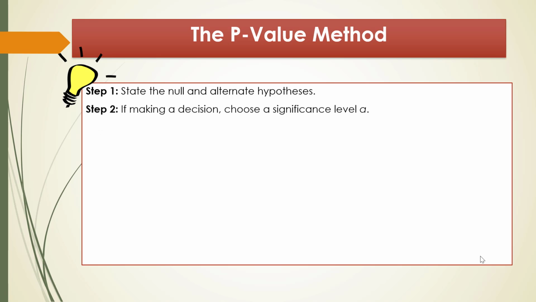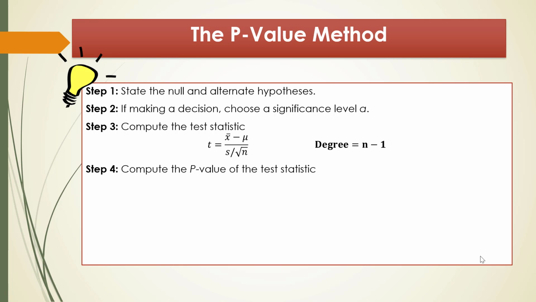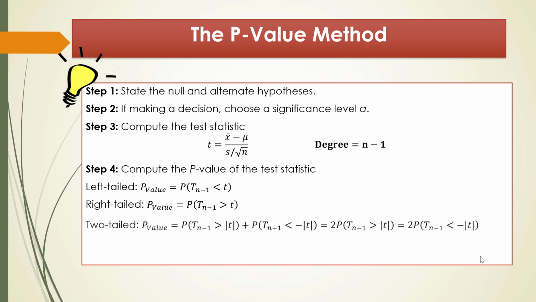So the p-value method. Step 1, we state the null and the alternate hypotheses. Step 2, if making a decision, choose a significance level alpha. Step 3, compute the test statistic and the degrees of freedom. Step 4, compute the p-value of the test statistic. Left tail, the p-value is the area to the left of the test statistic.